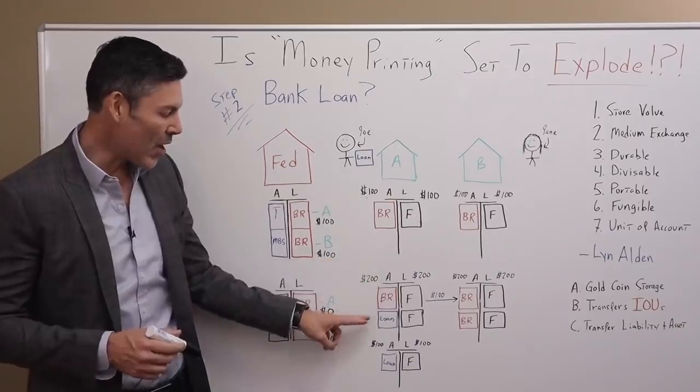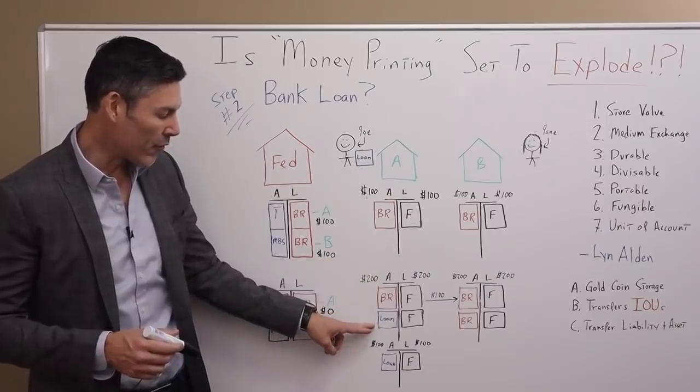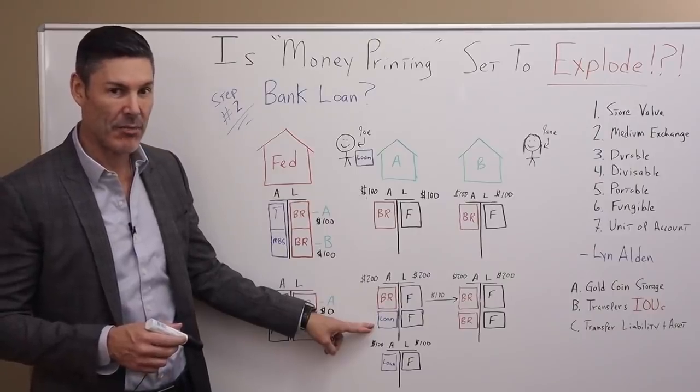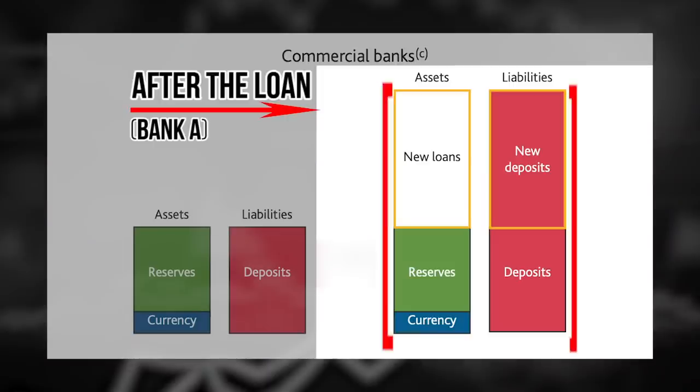But the bank now has a loan for $100 on its balance sheet. That's an asset of the bank. So the balance sheet now has $200 in assets, $200 in liabilities.